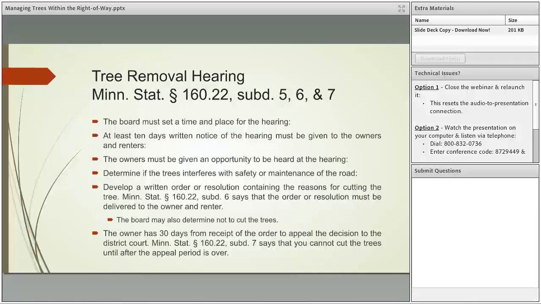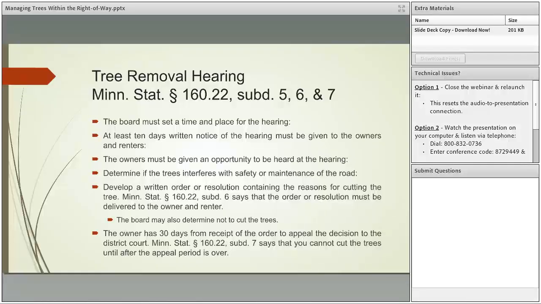After that request, the board must send out a notice at a minimum of 12 days after the request of the hearing. So now we're up to 27 days.